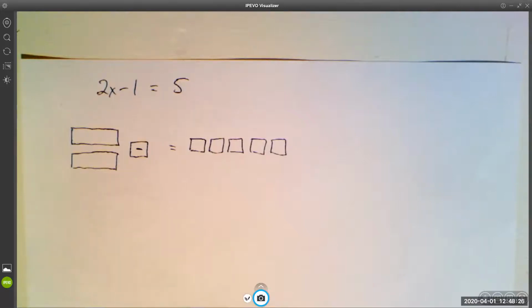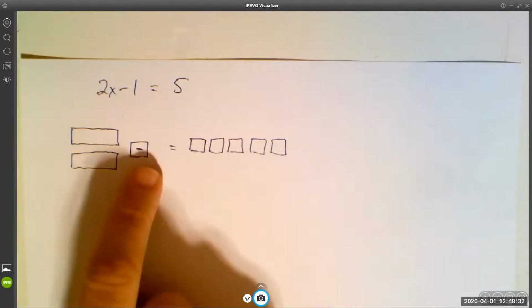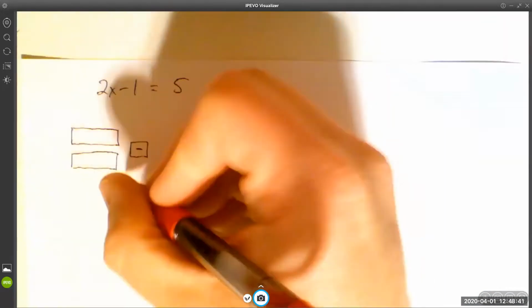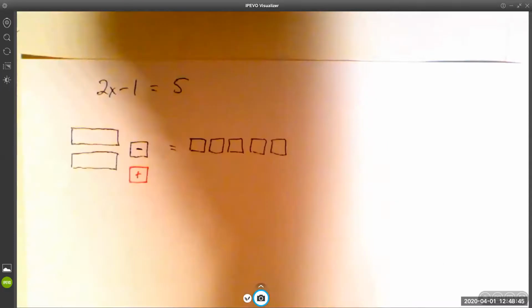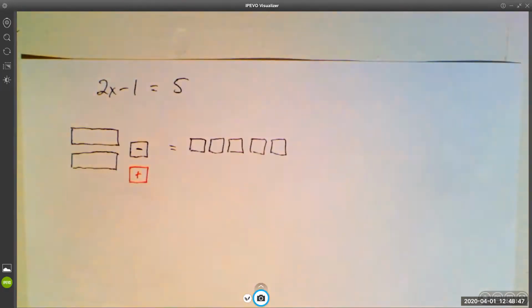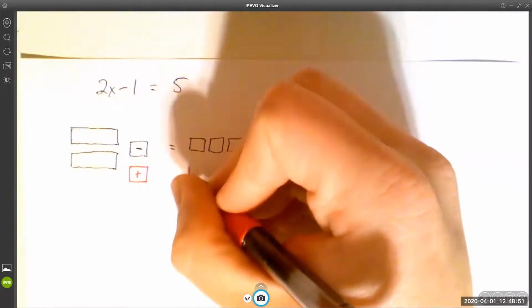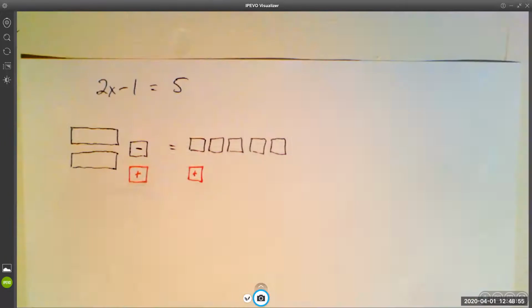Now I want to get x by itself. So one thing that I need to get rid of is this negative unit right here. So I'm going to do that by adding a positive unit. Okay, which I'm allowed to do as long as I add a positive unit to that side as well.